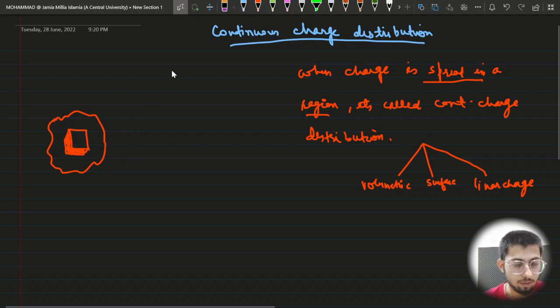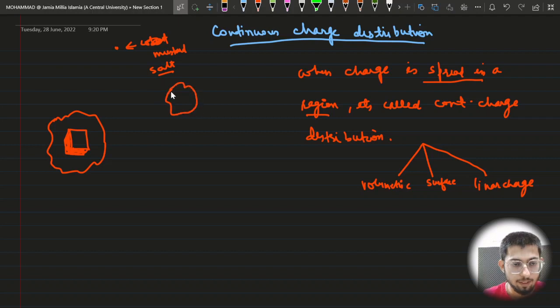For example, there is a seed of wheat, or not wheat, let's say some grain, mustard, or even salt. If there is a grain of salt and then a heap of salt, that is continuous. You call it a whole thing.